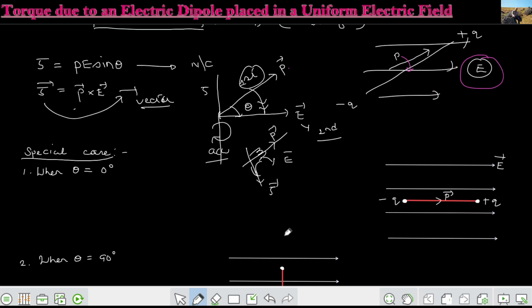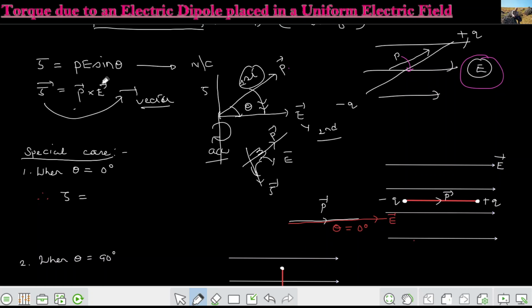From this figure, it is very clear that the direction of P and the direction of E are in the same direction. So when these are in the same direction, theta in this case is 0. When you incorporate that, we will find out how much the torque is.